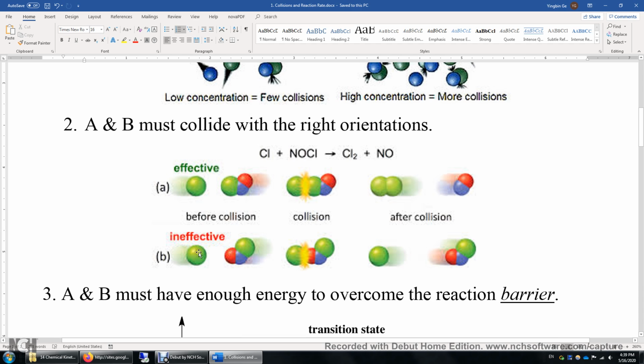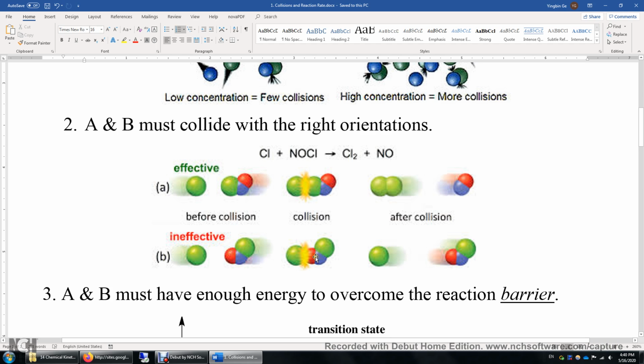What if this chlorine atom approaches the oxygen side of this molecule? There's no reaction. It's impossible for this chlorine to take this oxygen away from NOCl. There are multiple reasons, but one reason is ClO is not stable. Another reason is between this nitrogen and this oxygen, there's a double bond.